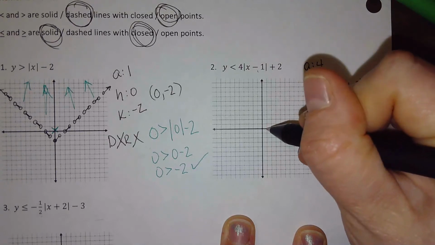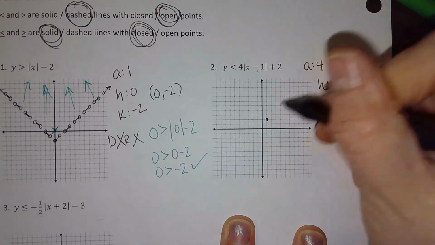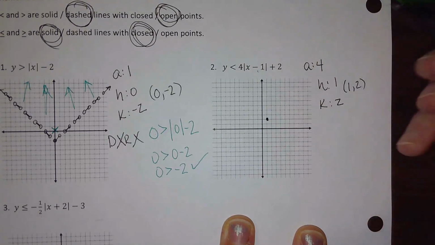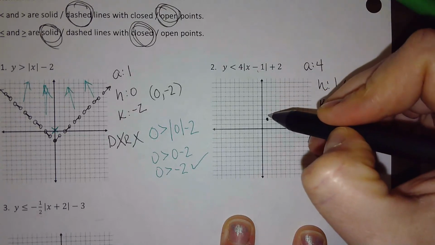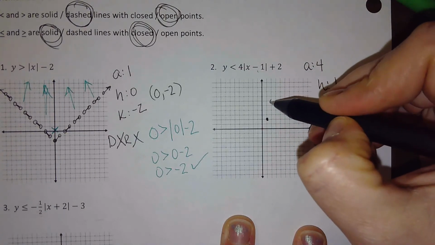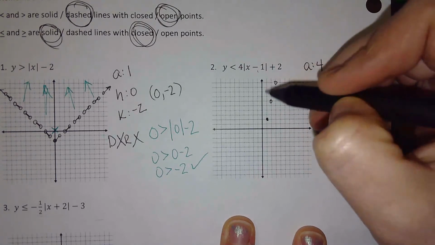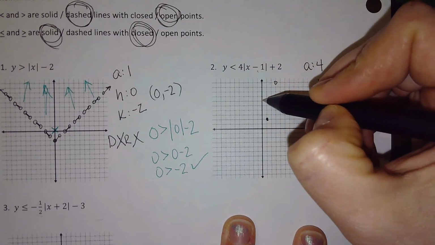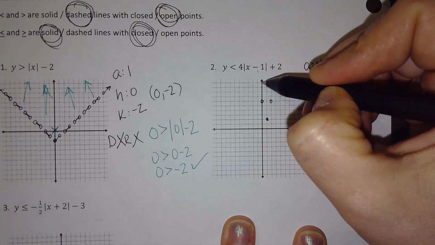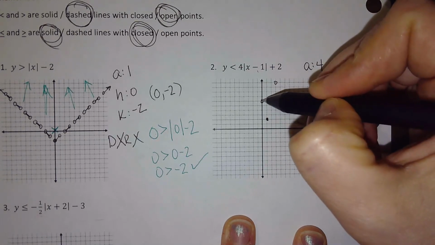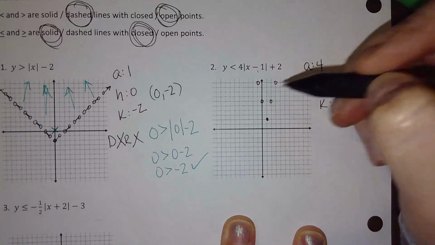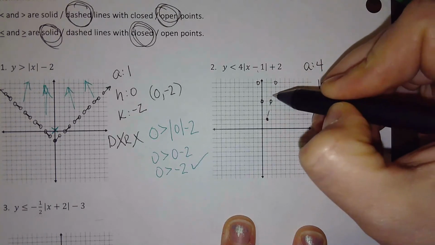So I'm going to go to 1 and up 2. It is going to be open circles, and my slope is 4, so I'm going to go up 4 over 1, up 1, 2, 3, 4 over 1, and then I'm going to do the same thing on the other side. So up 4 over 1, and I'm going to dash it as best I can.